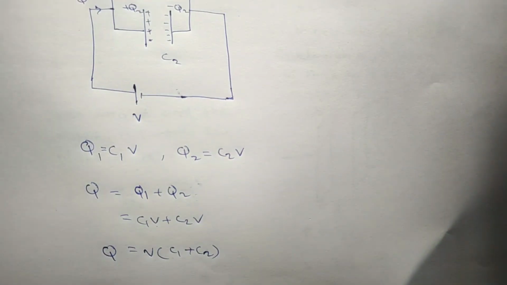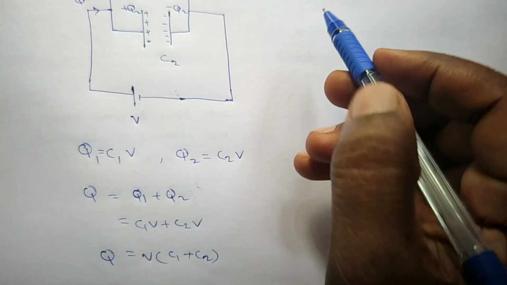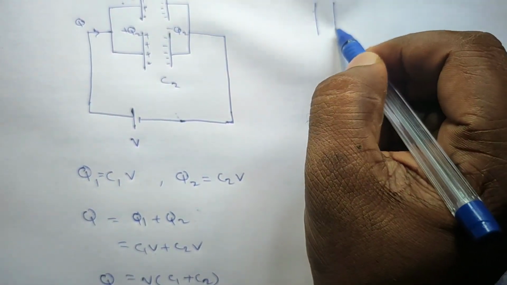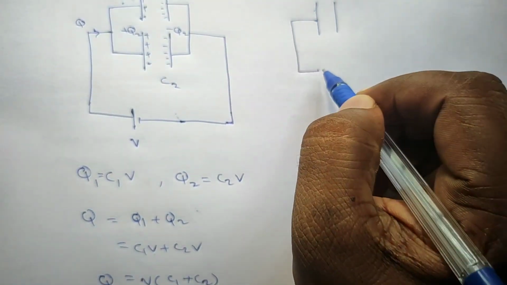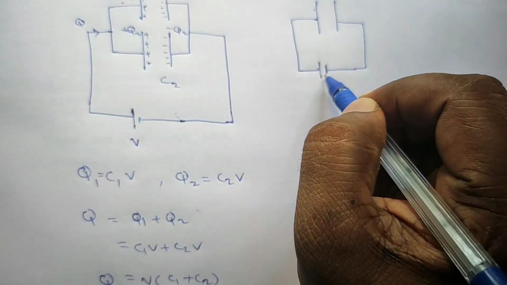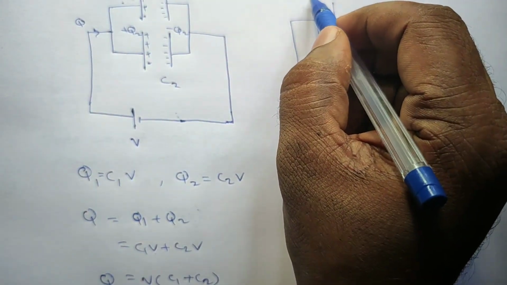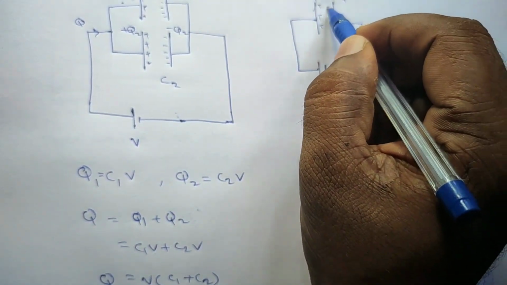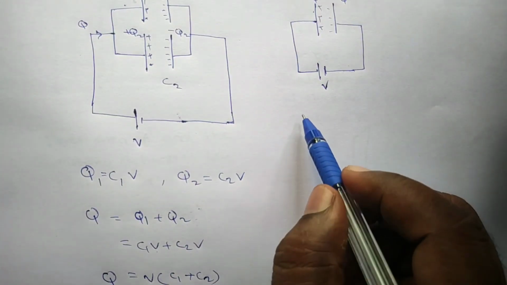Clear? Now I am going to imagine this entire system as a single capacitor. This is a single capacitor connected to a potential difference V. The charge stored is plus Q on this side and minus Q on this side. So what is the Q value?